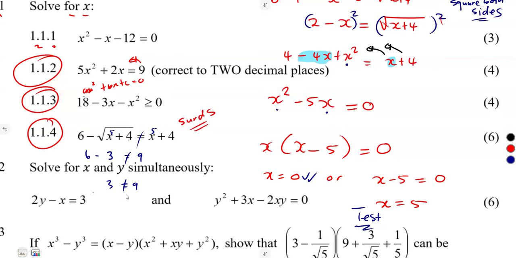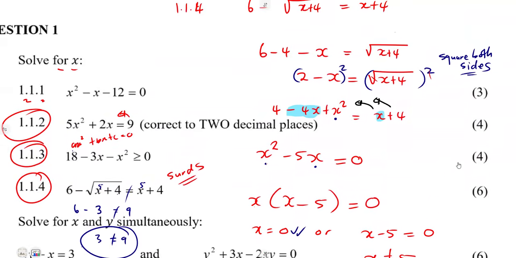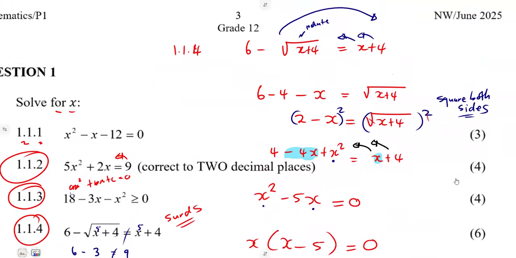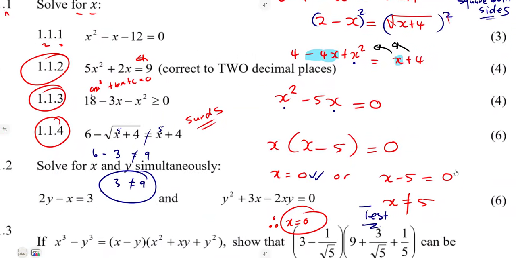So as you can see, when x is equal to 5, the left-hand side and right-hand side are not the same. So x cannot be equal to 5. So x is equal to 0. That is the final answer that you are going to have. So that was the basic idea on this question. It was also a direct question.